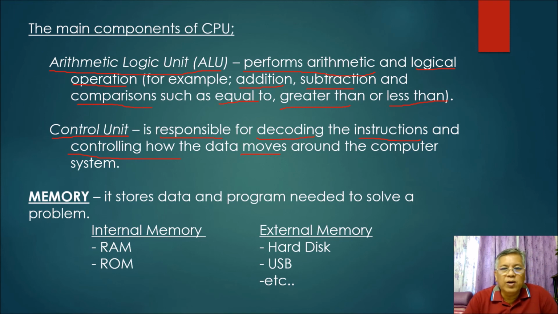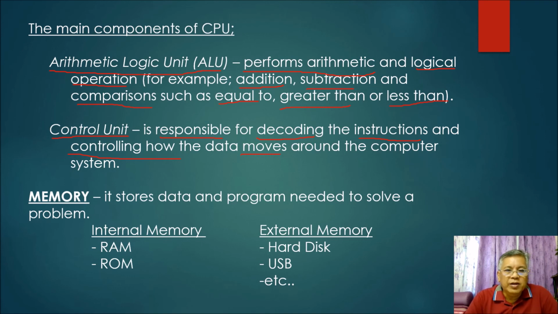So it is the one that provides instructions for controlling particular data to move from one area to another. Okay, so these are the two main components of your central processing unit.